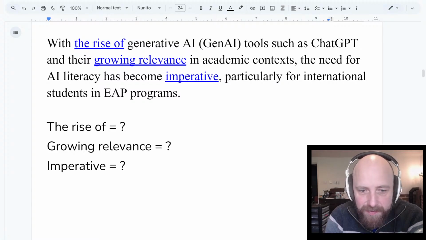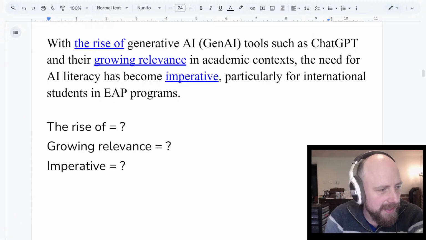The rise of, growing relevance, and imperative. So what do those terms mean? Let's define those terms. In this context, what do those terms mean, do you think?